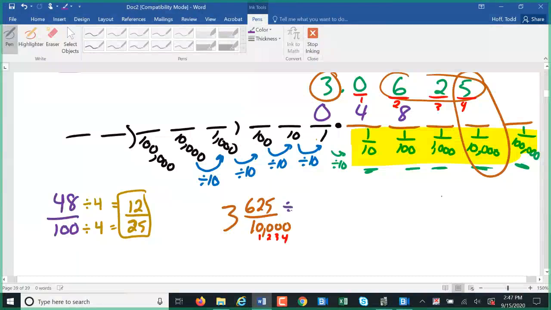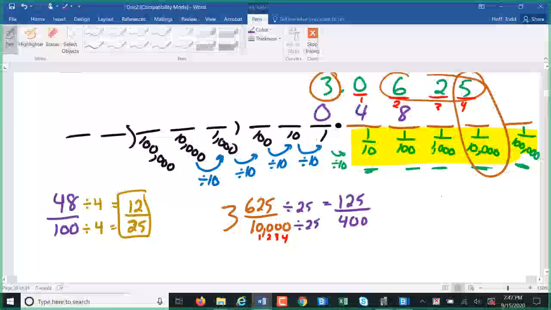Now I have to reduce this fraction. Both 625 and 10,000 can be divided by 25. 625 divided by 25 is 25. Sorry, 625 divided by 25 is just 25, not 125. 10,000 divided by 25 is 400.